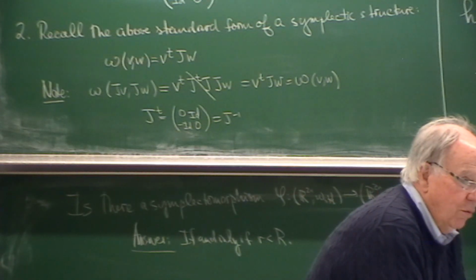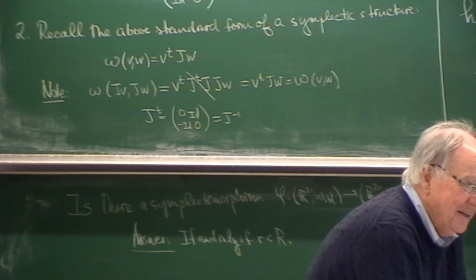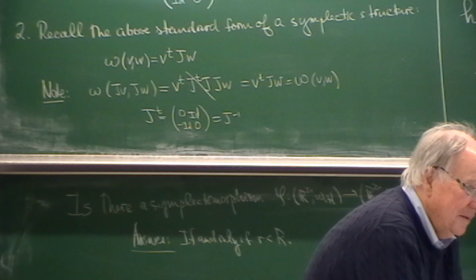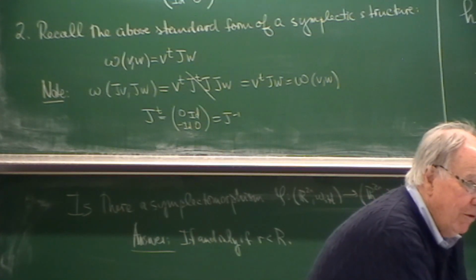Why does it sound like a triviality to you? Because you have this ball and you have the cylinder, and if the small r is less than big R, then you should be able to just translate it. Yes, you can do that. I said if and only if.